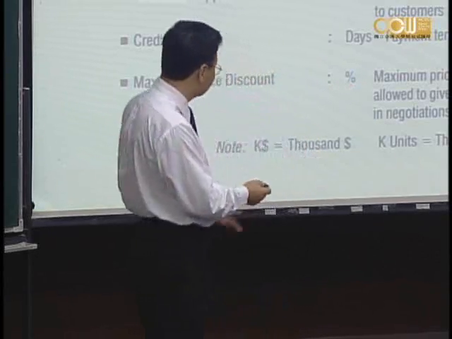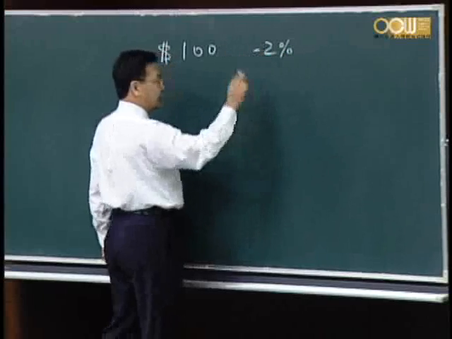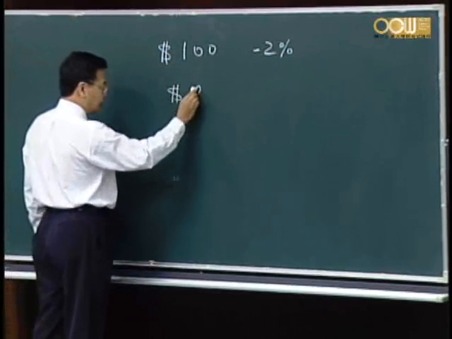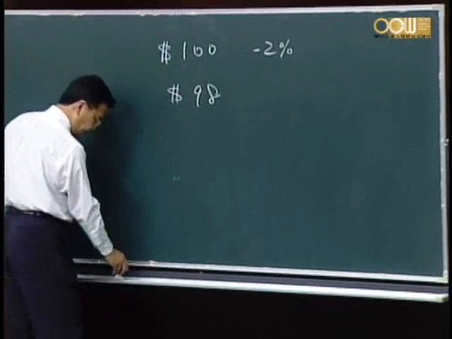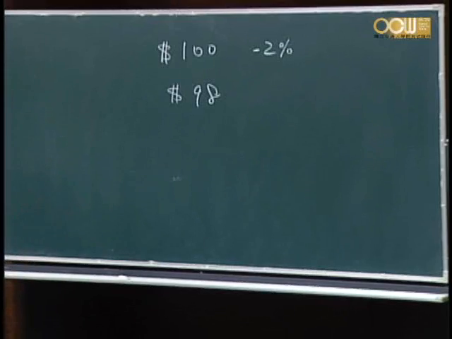Now, price greater than a maximum price. Let me ask you this. Mathematically speaking, suppose I charge $100 and then a 2% discount, versus I charge only $98. The same, but which one is better and why?